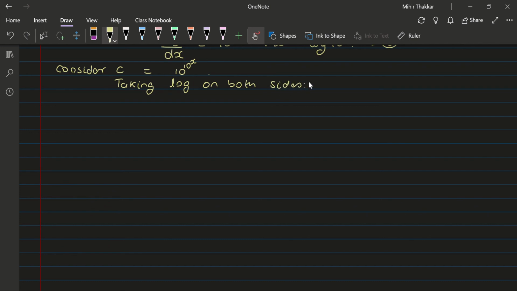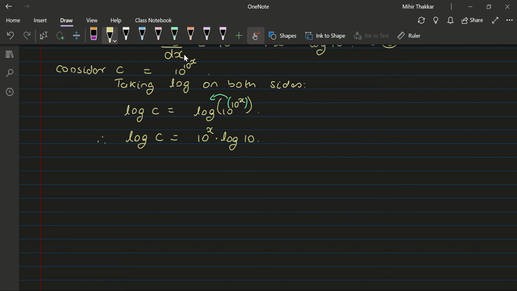So when we take log on both the sides, I get log of c is equal to log of 10 to the power 10 to the power x. Now I consider this entire term as a single unit, so it will come behind the logarithm. So that will become log c is equal to 10 raised to x into log 10.